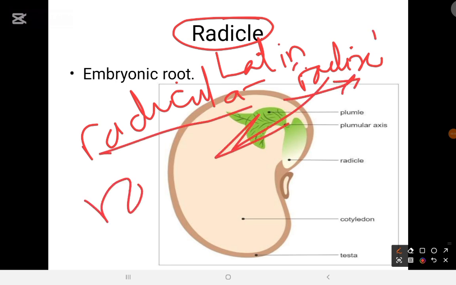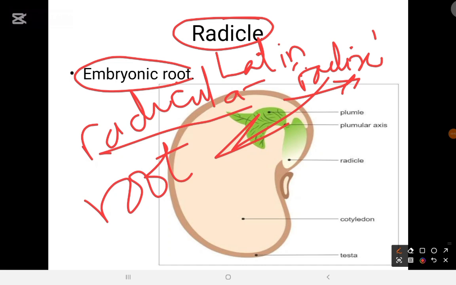And radix means root. So it's the first part of the seedling to emerge during germination, and it grows downward into the soil.